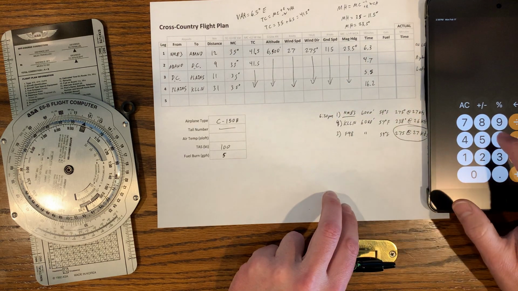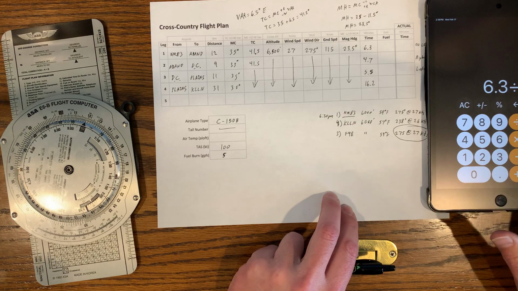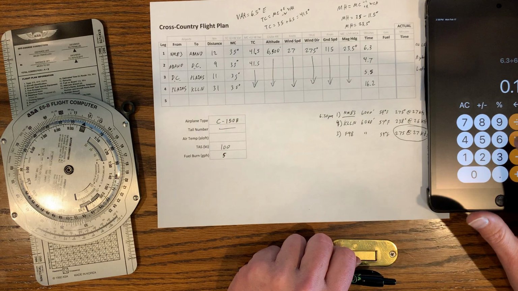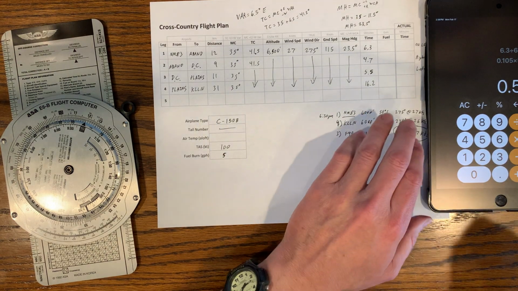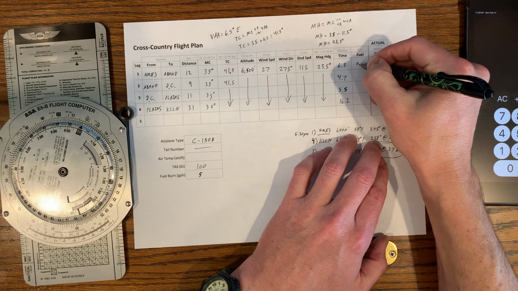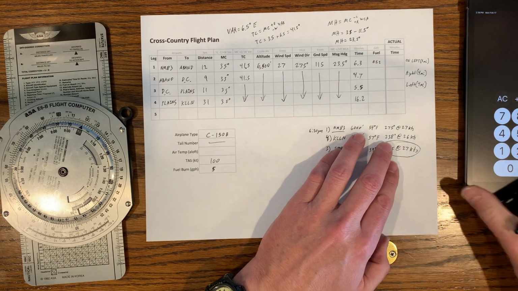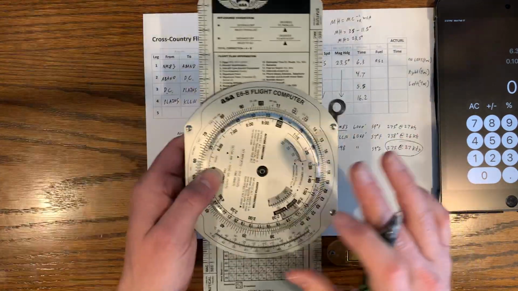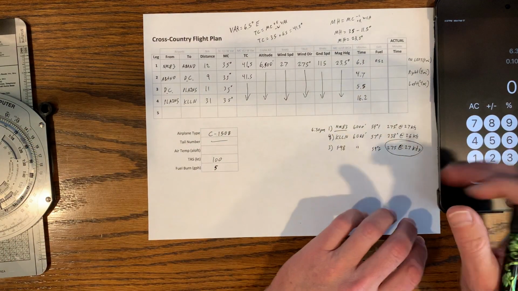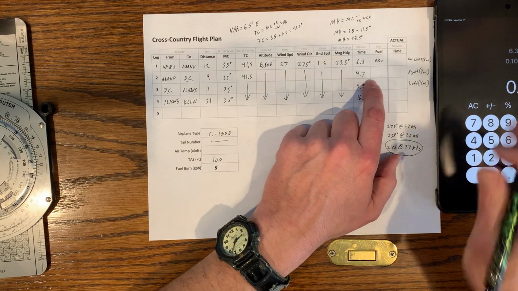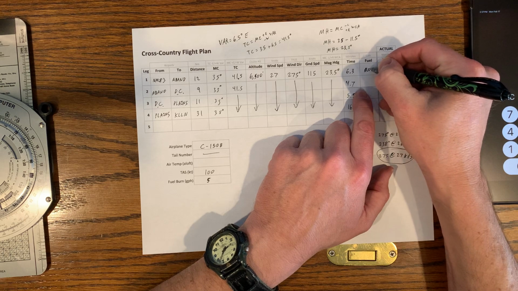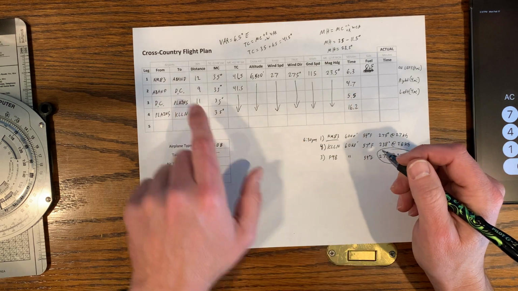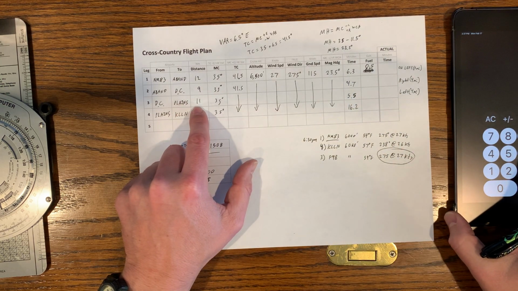So 6.3 minutes divided by 60 minutes, that's 0.105 hours times 5 gallons an hour. That's half a gallon. 0.52 gallons. By the way, you can also do that with this, but I'm not going to bother with that now. The rates work the exact same way. So that's about 0.5. I'll clean it up. 0.5 gallons.